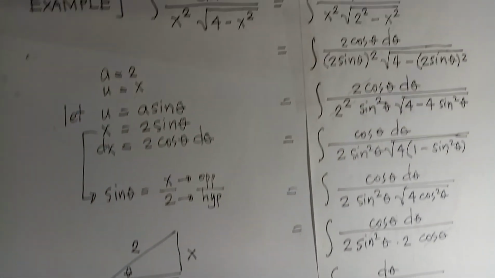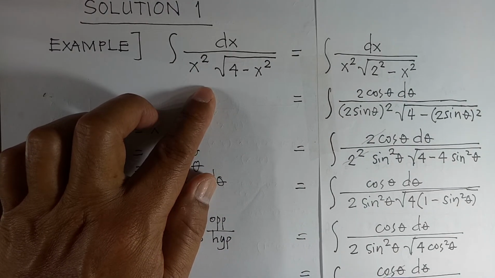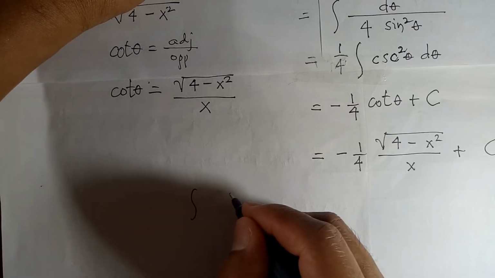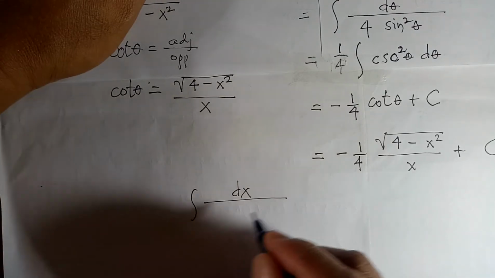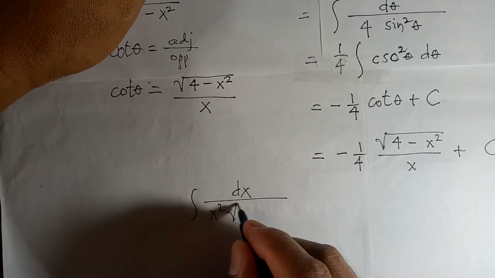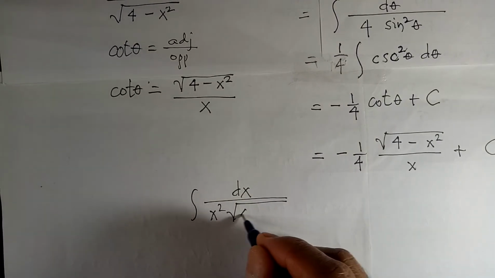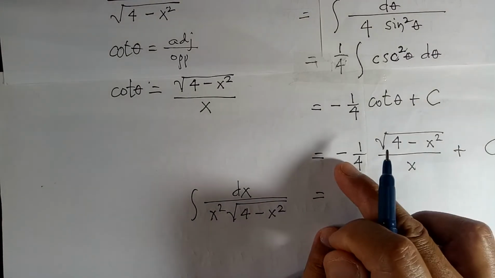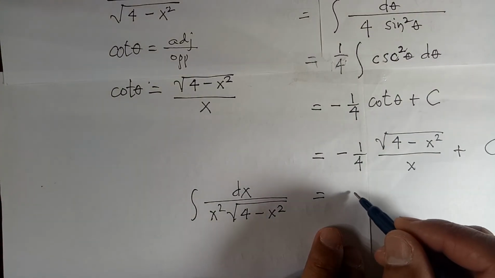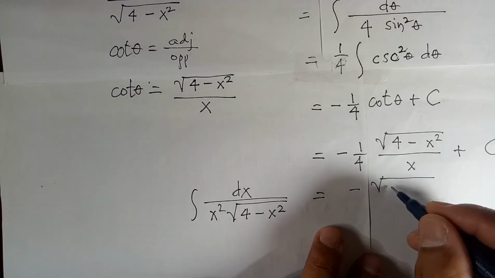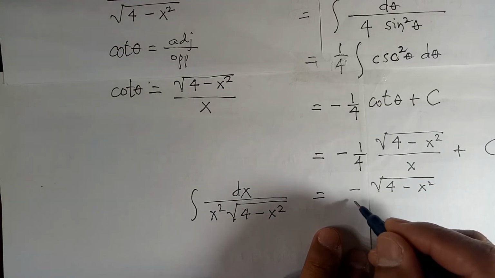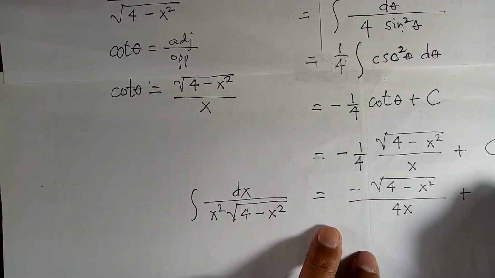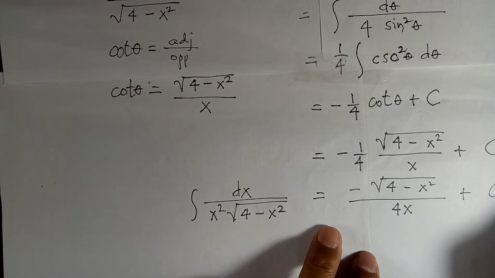So, yung integral ng dx divided by x squared times square root of 4 minus x squared will now equal, negative 1 times square root of 4 minus x squared ay negative square root of 4 minus x squared, and then, divided by 4 times x ay 4x, and then, plus c. Okay, so this is now our answer.